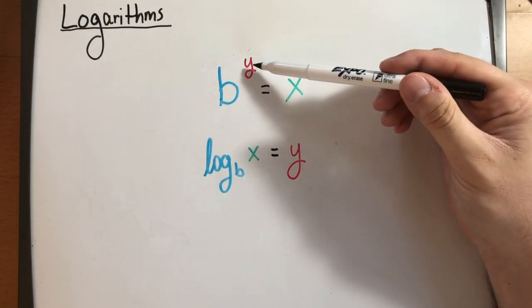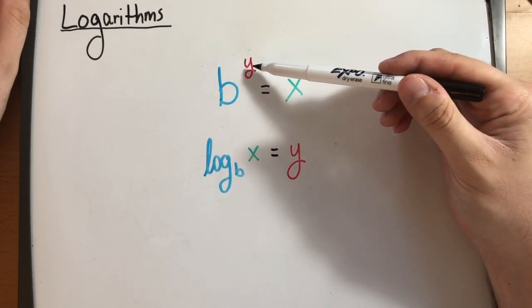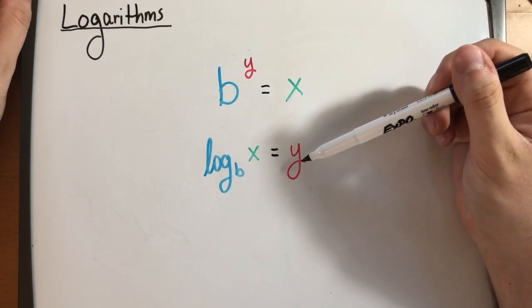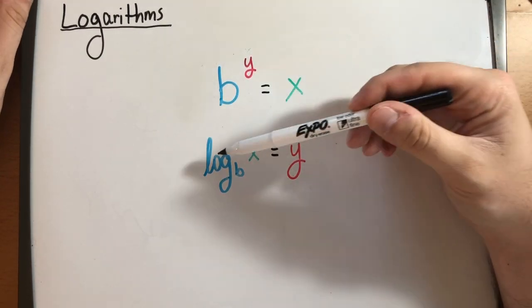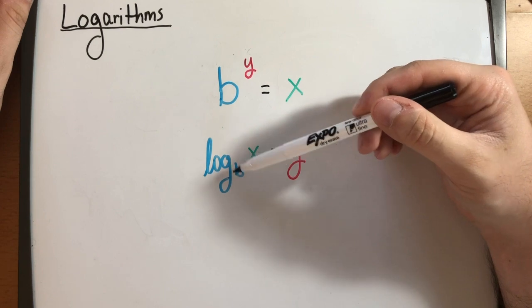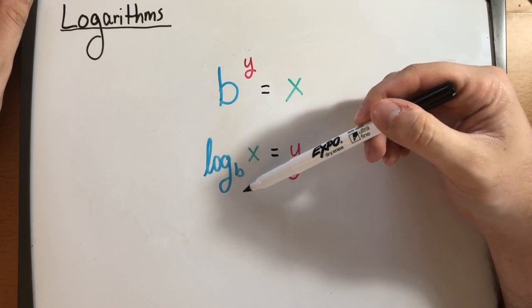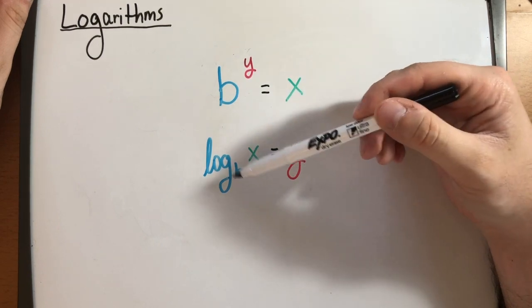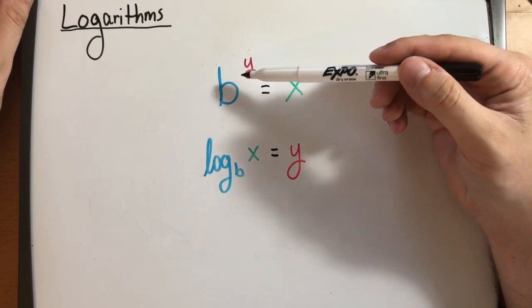Notice that the y is no longer in the exponent. We are now solving for y when we put it in logarithmic form. Notice that the base of the exponent is the same as the base of the log. This is called log base b. So they are the same thing.